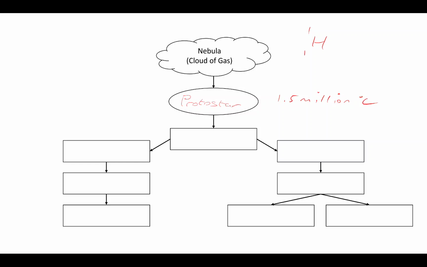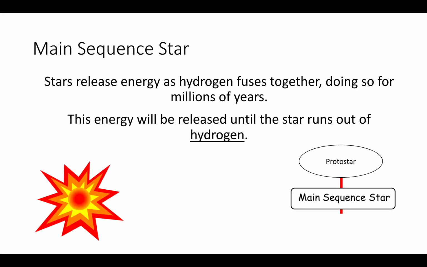And then we're going to move into the main sequence, or the main stable period. So moving on, main sequence star. Stars release energy as hydrogen fuses together, doing so for millions or even billions of years. This energy will be released until the star runs out of hydrogen, or its hydrogen stores start to diminish.